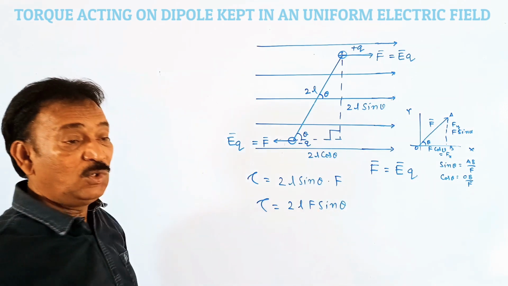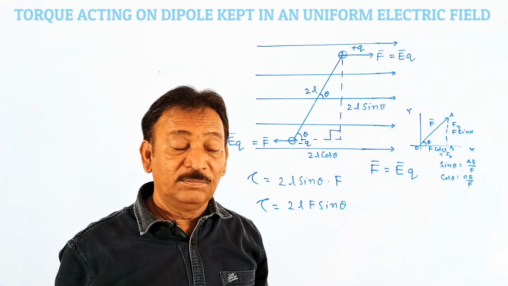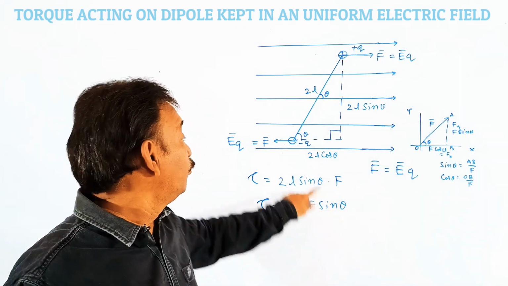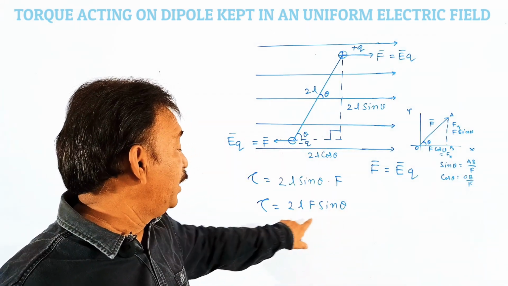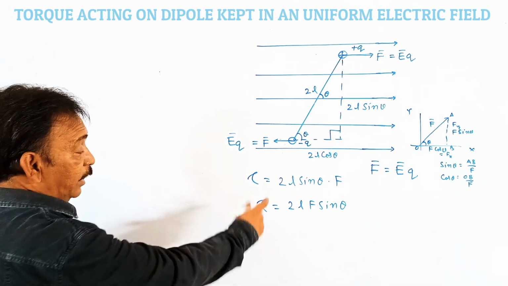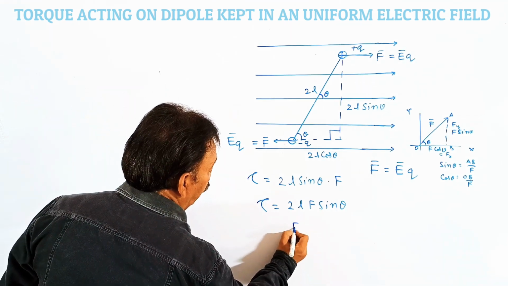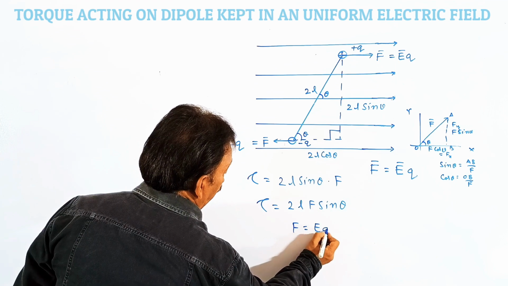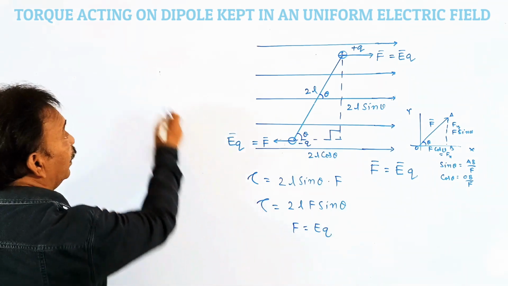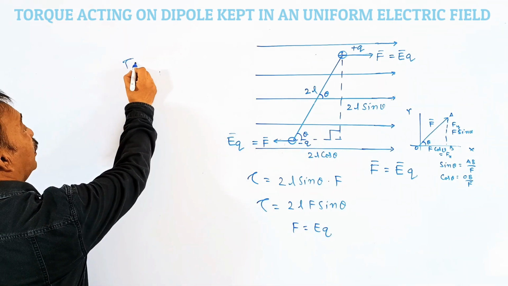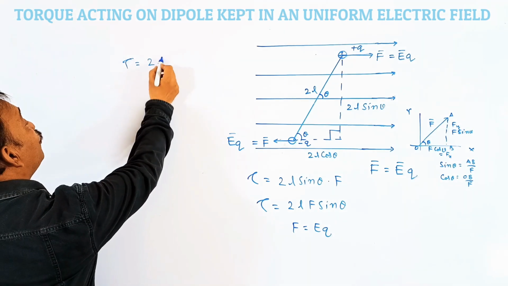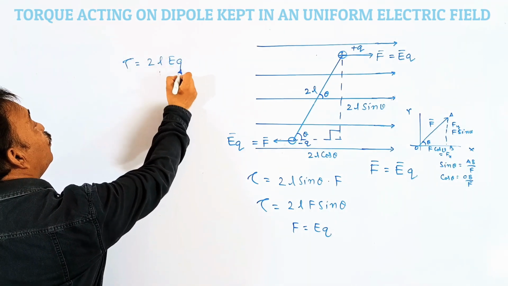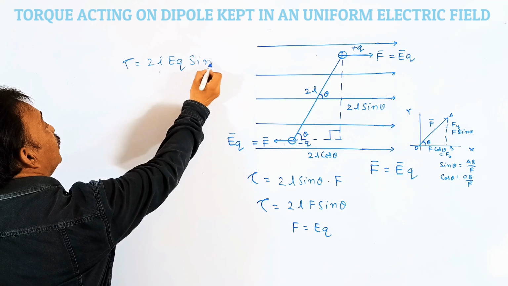It is the amount of torque acting on the dipole kept in an electric field. And you know that force is equal to EQ. I am writing the magnitudes only. Further it can be written as torque is equal to 2L into EQ into sine theta.